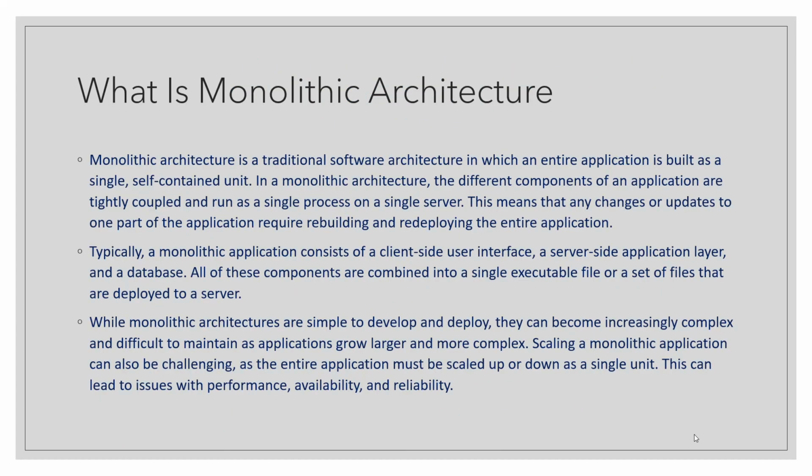What is monolithic architecture? Monolithic architecture is a traditional software architecture in which an entire application is built as a single self-contained unit. In monolithic architecture, the different components of applications are tightly coupled and run as a single process on a single server.